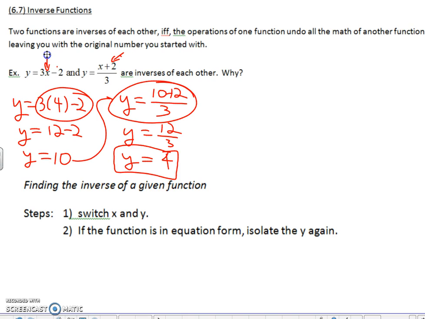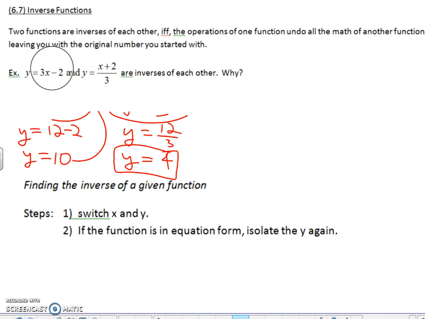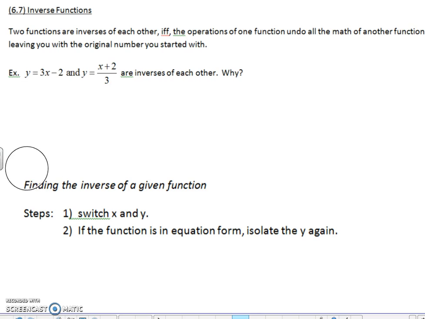Now, intuitively, if we think about why they would be inverses, we can also think about this in the way that the operations are performed. In this first function, would you agree the two math operations that we're going to be doing is multiplying whatever x I have by 3, so I multiply by 3 first, and then secondly, I subtract 2.